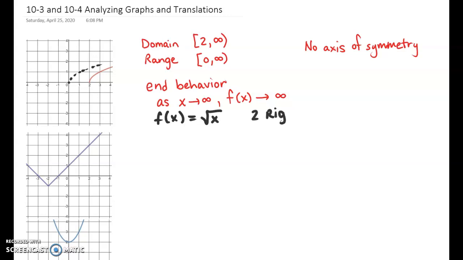So a horizontal translation is going to be attached to the x coordinate. So our new function, the function that's graphed here in red, is going to be the square root of x minus 2, because horizontal translations are always attached to the x, and they always have the opposite sign of what we think.